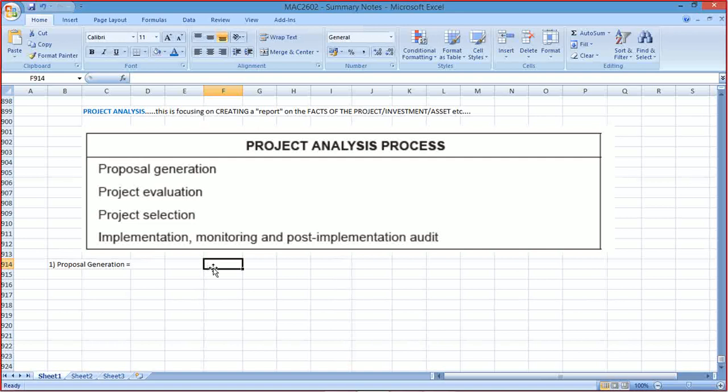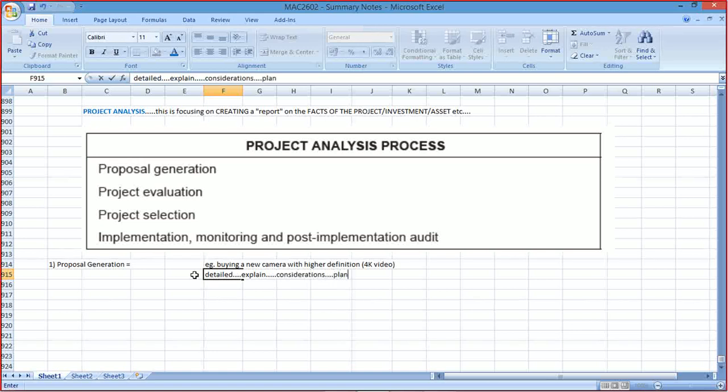Well, the proposal would be perhaps to get a new camera that does video and has higher megapixels, that does better video, 4K video, and better images. Okay, good. So that's the proposal. So you create the proposal. Obviously, the proposal needs to be detailed. It needs to explain what you are going to do. It needs to give all the different considerations. Okay, it needs to give the plan.